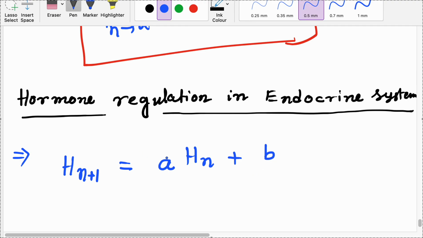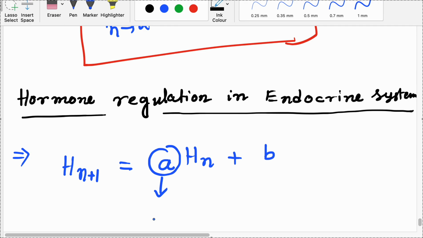And a is called the feedback coefficient, which says how efficiently our body is managing the density of that hormone. So a characterizes how our body is regulating that hormone density.